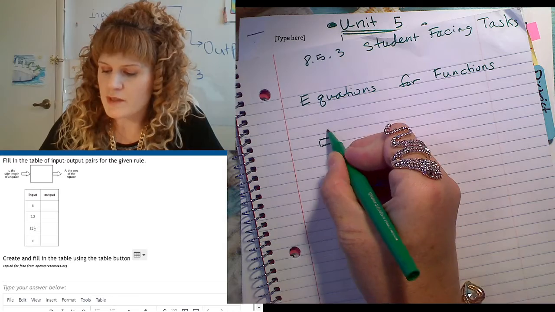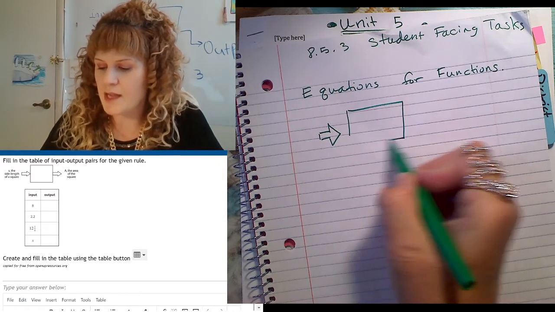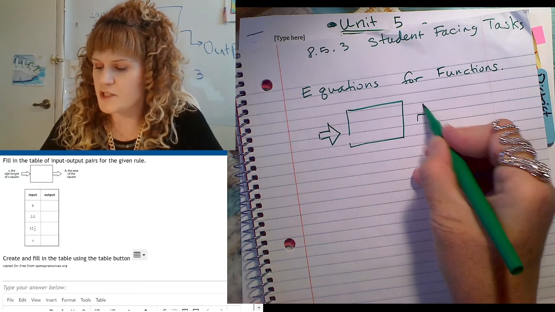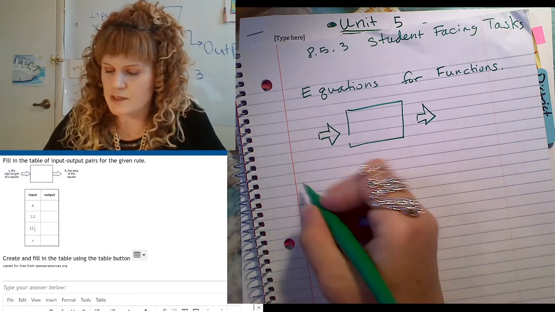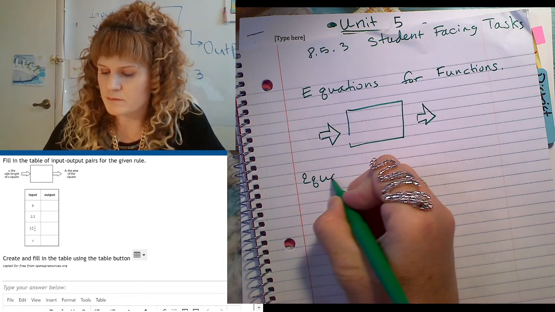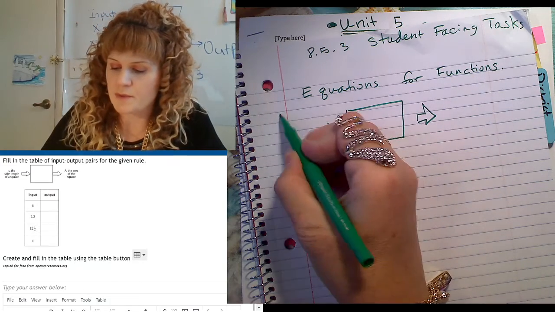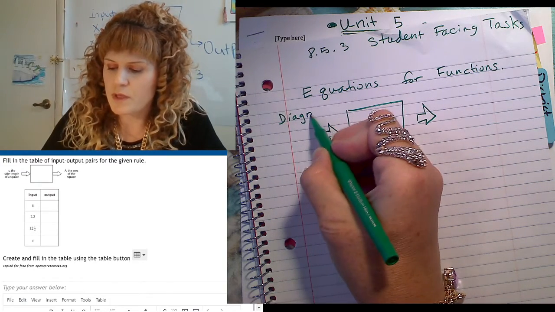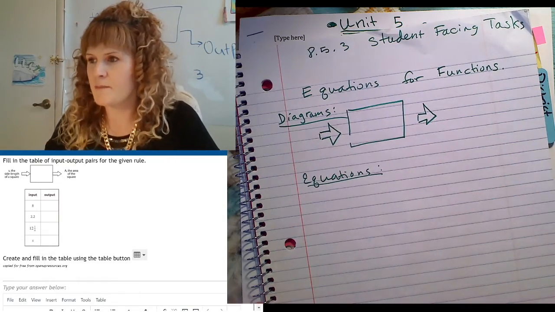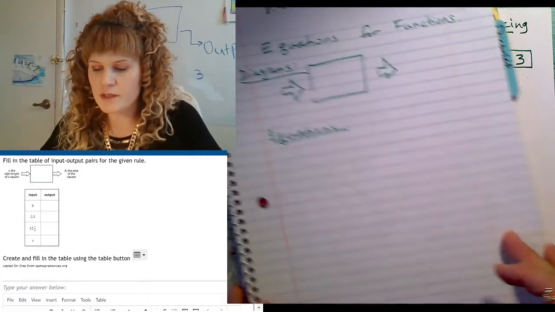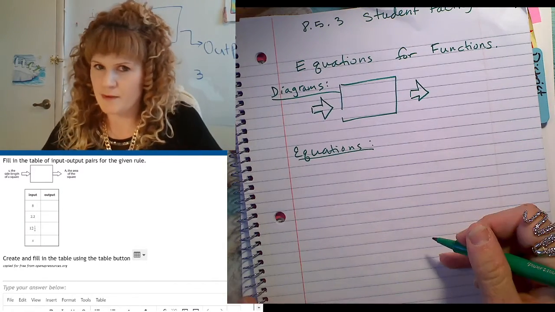Now, we're going to learn that we could use an input-output diagram to show our functions, or we can use equations, which is something that you're already used to. We're going to relate the diagrams to equations. You're also going to learn the independent variable and the dependent variable.